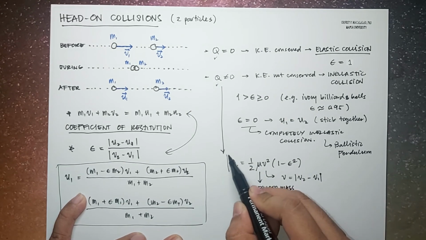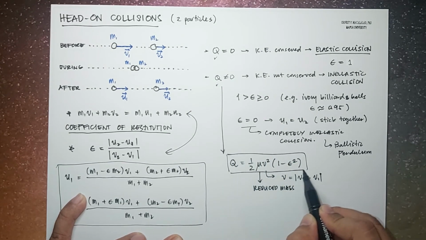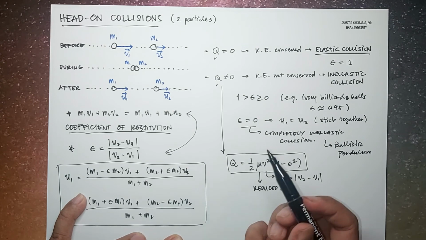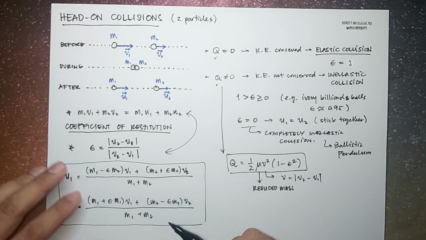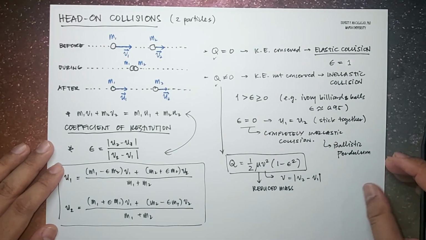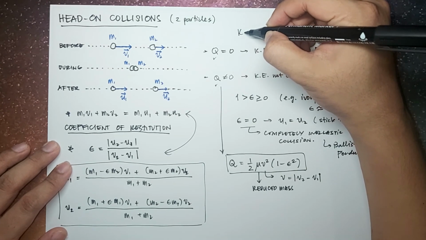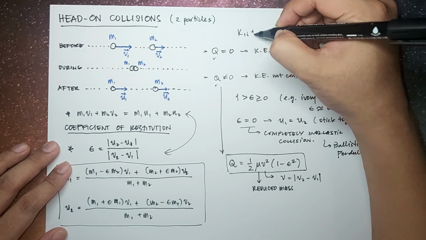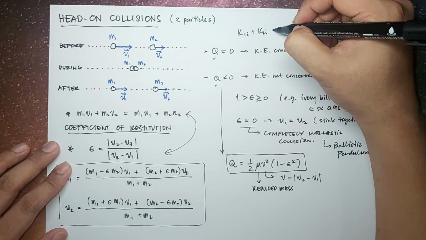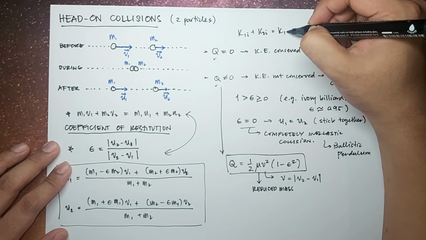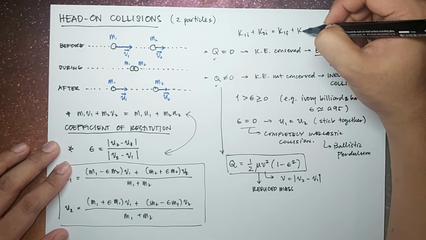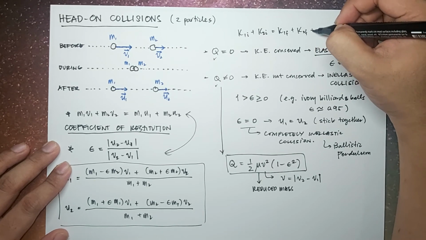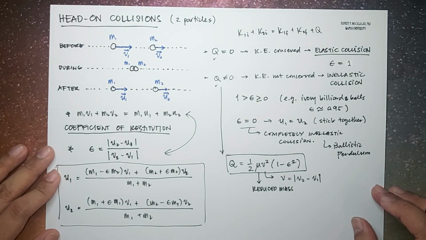You can derive this from the concept of conservation of energy, from this equation: k1i plus k2i equals k1f plus k2f plus Q.